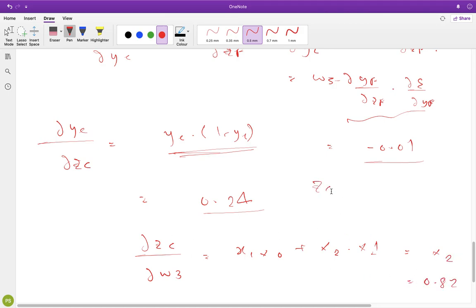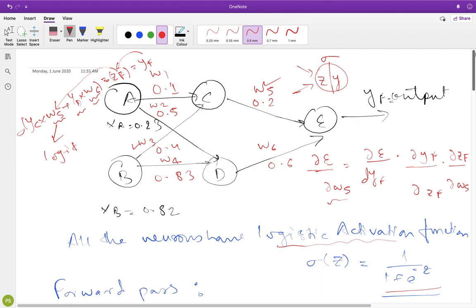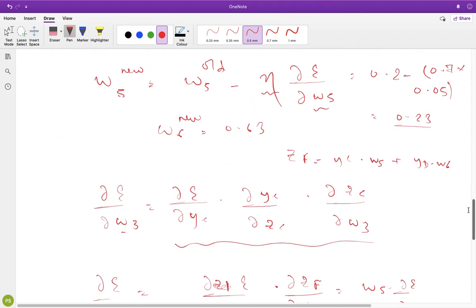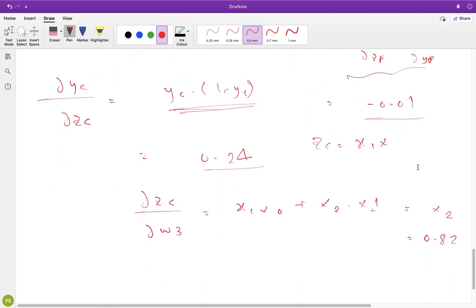What is ZC? ZC is x1, the first neuron A, times w1, plus x2 times w3.